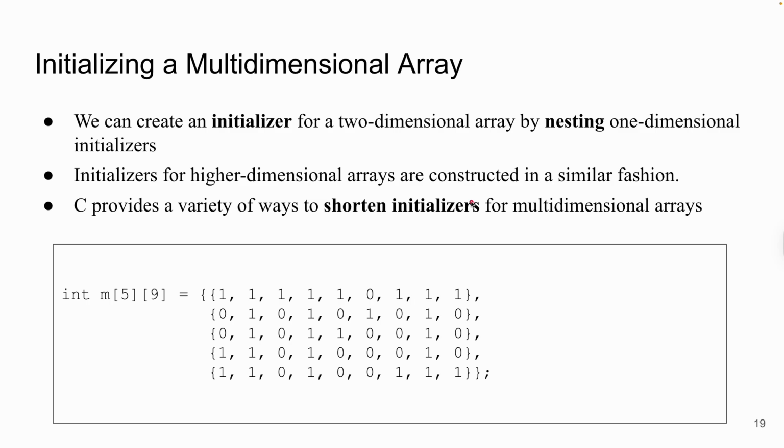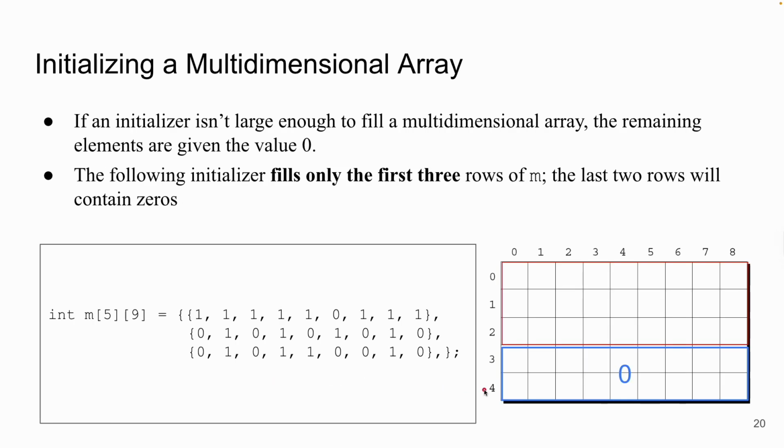And C also provides different ways for us to shorten these initializers, because you can see if we want to use an initializer to initialize every element in the 2D array, it's a big initializer. So here are some different ways that can help us write a shorter initializer.